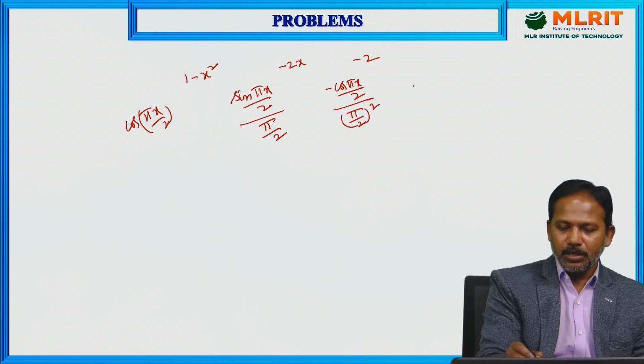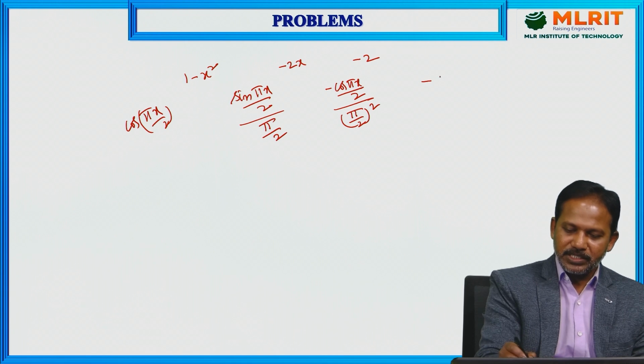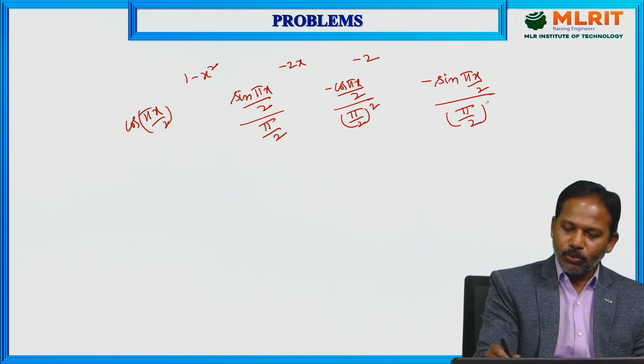Another time I apply integration: the integral of minus cos is sin(pi x by 2) divided by (pi by 2) whole cube.